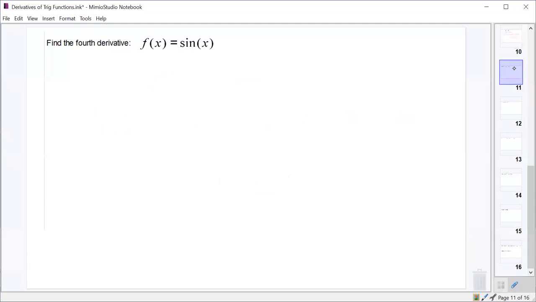Good. All right. Oh, this will be a nice, fun, easy one. Let's find the first 4 derivatives of sine x. First one: the derivative of sine should be cosine x.